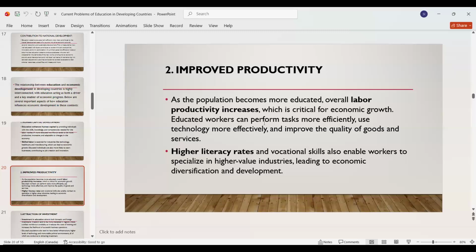Educated workers can perform tasks more efficiently, use technology more effectively, and improve the quality of goods and services. Now without technology, you can't do anything, because wherever you go, not in the teaching field but in other fields, they give a laptop, and from the day they recruit you to the job, you have to keep every piece of information inside the laptop.